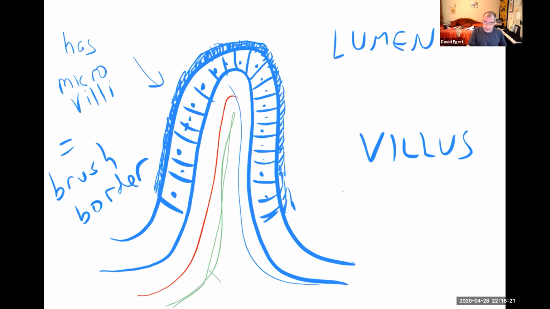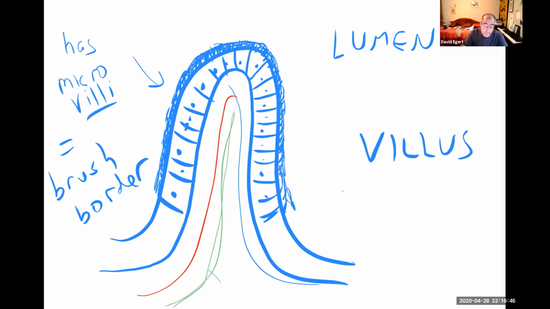And again, these are not about moving or anything. These are just about increasing surface area. They don't look like actual little hairs. They're too small. You could only see the hair-like quality if you were looking at them with an electron microscope, but you can tell there's something there, that the surface is not just clean.